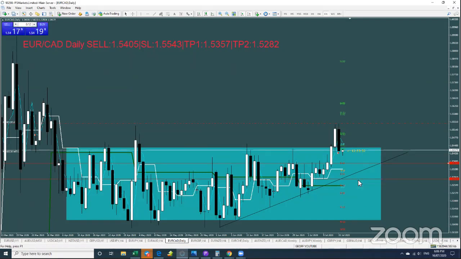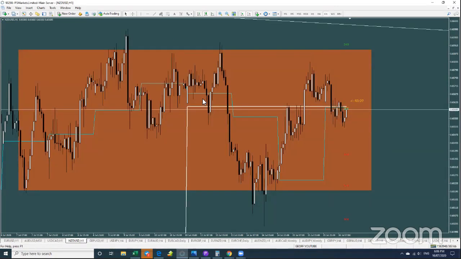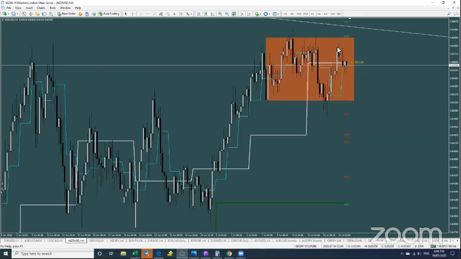We're in Kiwi dollar. I'm not in Kiwi dollar. I moved my stops on Kiwi dollar and got hit. And I can't remember where that was. I got hit here, I believe. So if you're still in Kiwi dollar, I hope you're safe, Lewis. But I think you'll probably get a little bit more out of it anyway, back down to the bottom here. But I'm not in it anymore.